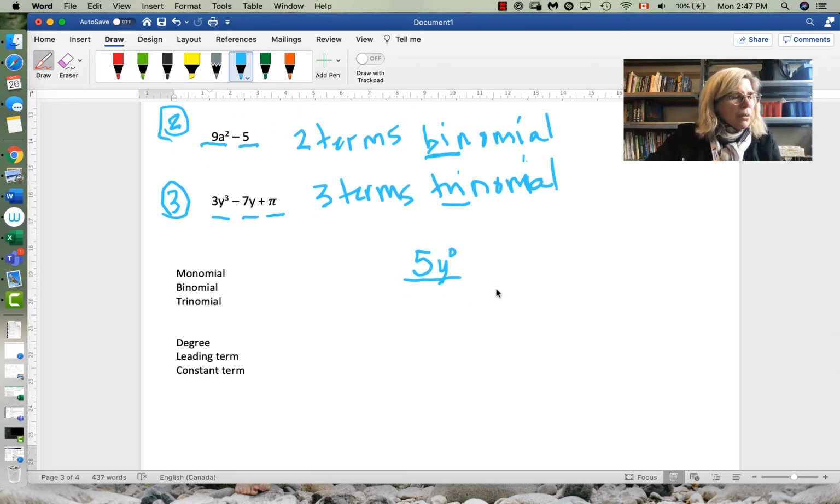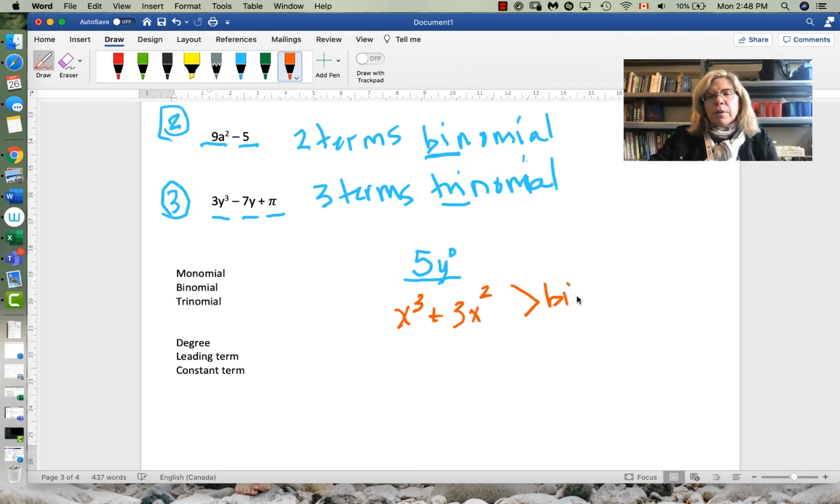And then suppose I'll do a different color, x cubed plus 3x squared. Is this a polynomial? And the answer is yes. And it's also a binomial.